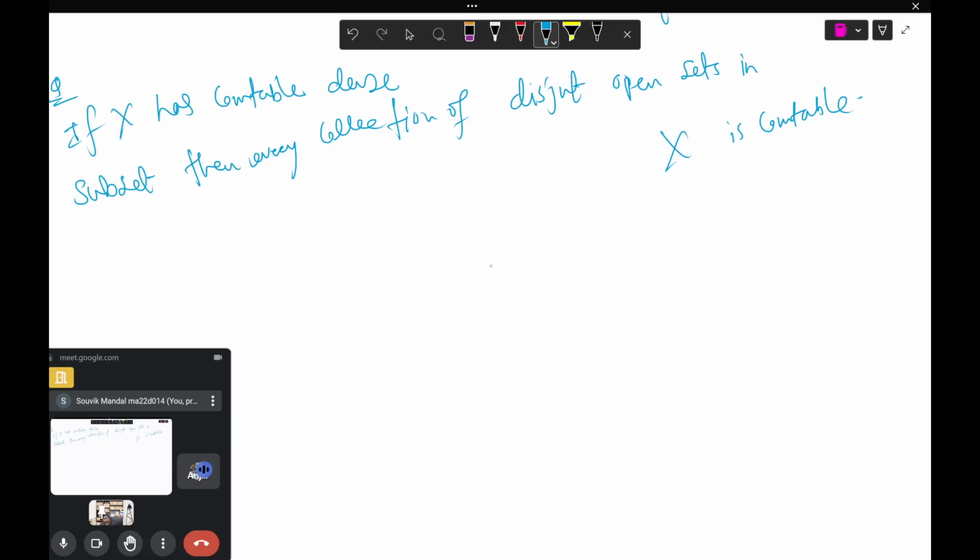Sir, since X has a countable dense subset A, it intersects every open set U alpha.